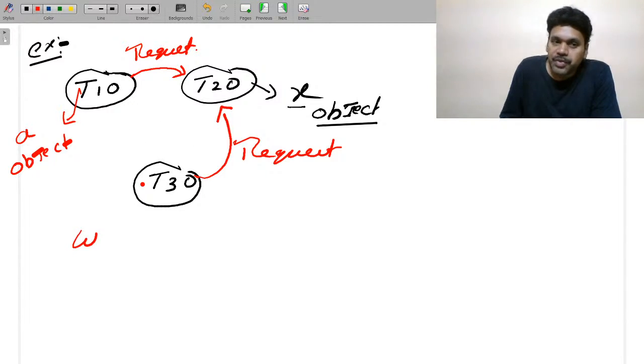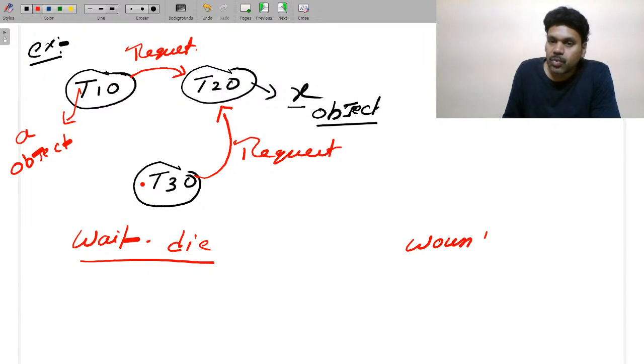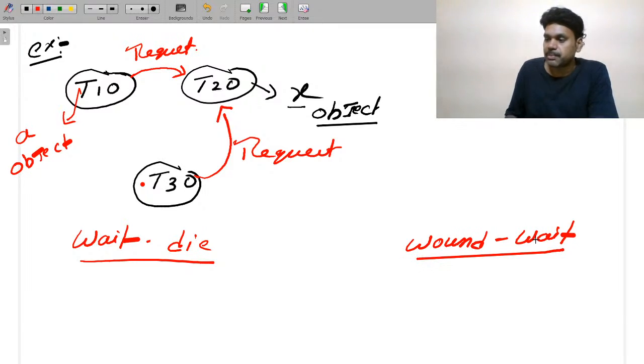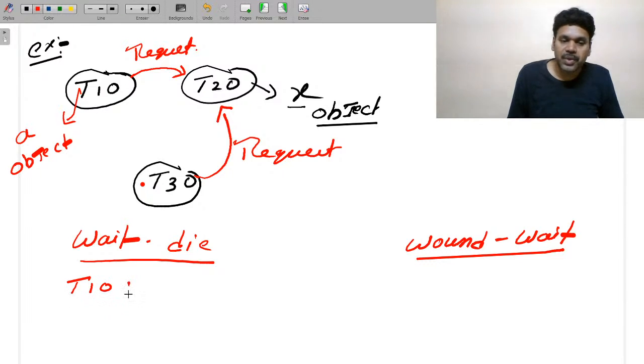Now, if you are using wait-die, what will happen? If you are using wound-wait, what will happen? Wait-die, wound-wait. Last 5 minutes, friends. Observe carefully. Compare T10 with T20.